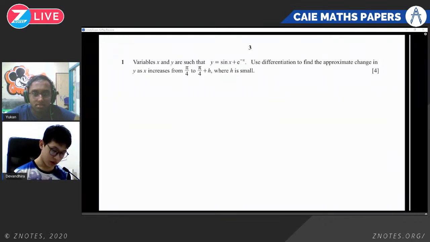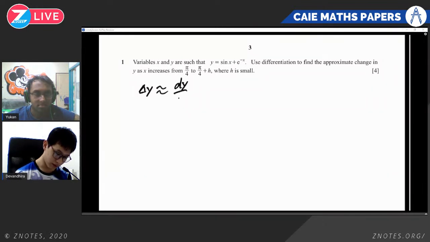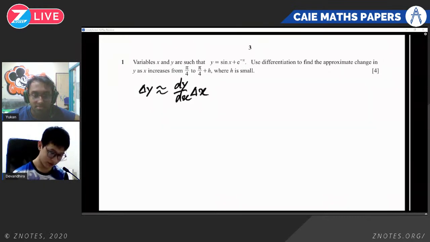So here's the thing. In these kinds of questions, when you need to find approximate change, the formula is: the approximate change in y, and you have to use the approximation sign here, is the gradient multiplied by the change in x. Is that correct, Yukan? Mm-hmm. All right.